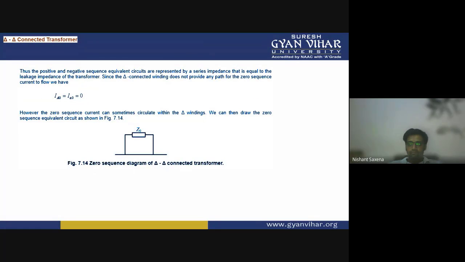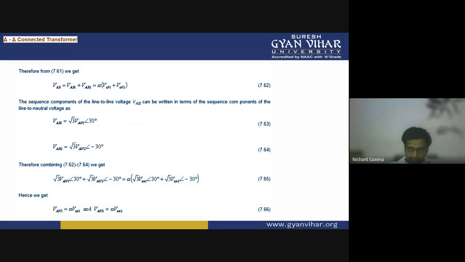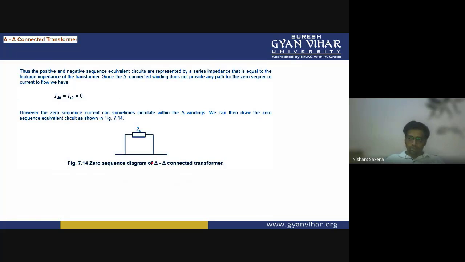Now, from the previous analysis, I can say that for a zero sequence circuit in delta-delta connected transformers, the zero sequence current IA0 equals 0.